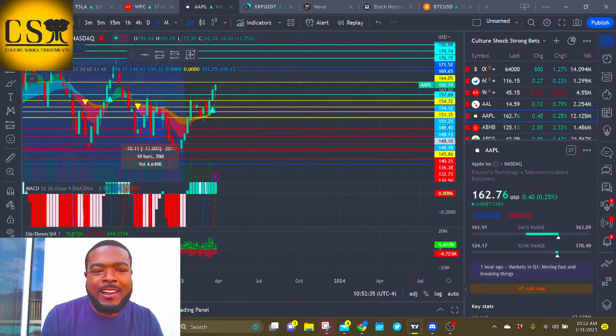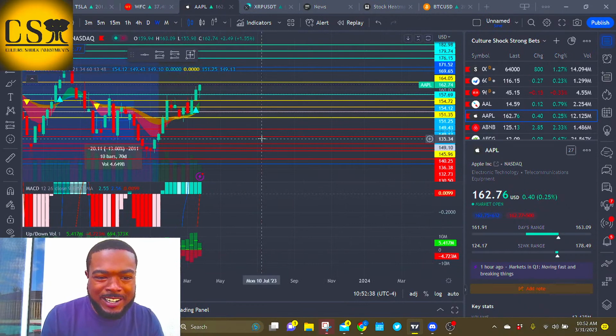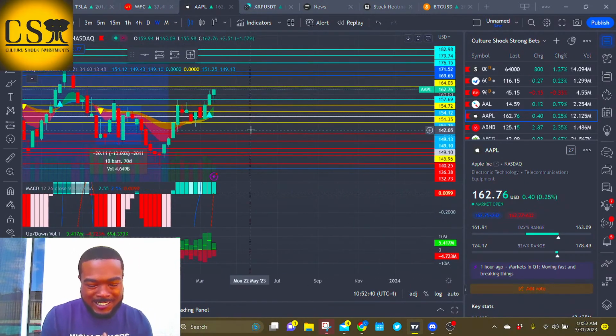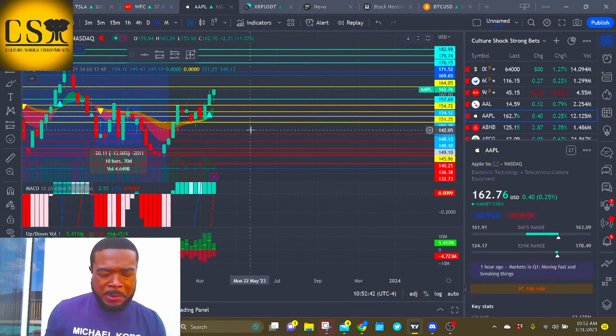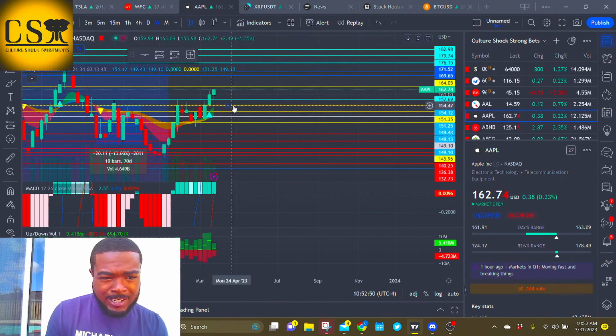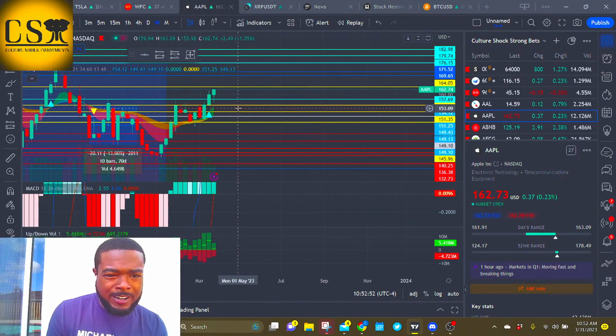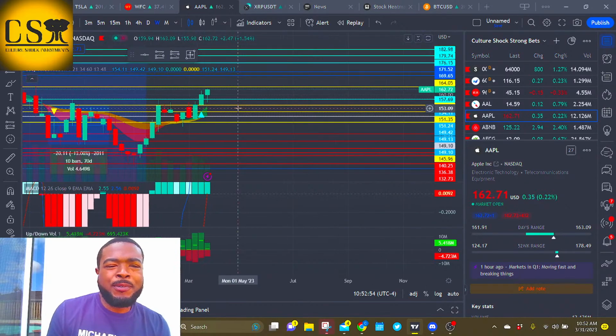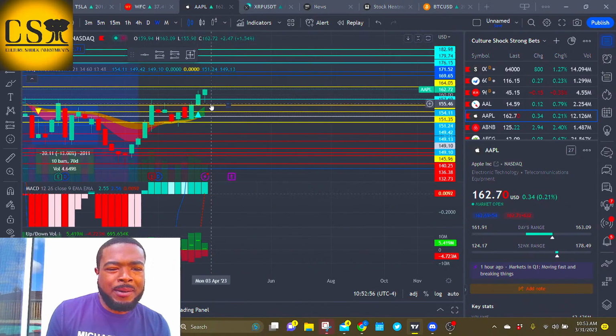Right now, if I want to get in on Apple, I add to my long-term position because I'm already in on Apple. If I want to add to my long-term position, I would say I'm going to watch my price levels. Right now for Apple, it looks like this 154.72 level I have for it is showing as a strong support. So before I add into Apple, I will wait to see if it can hold this support level.